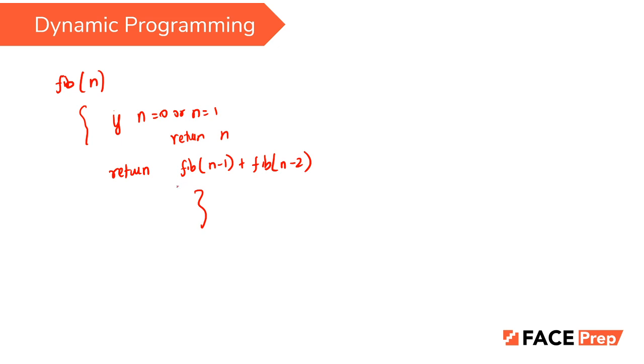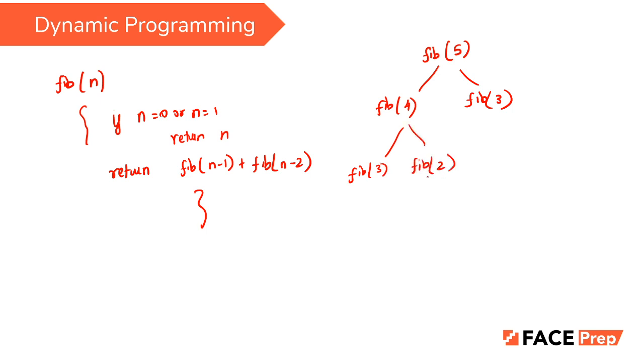What was the problem with this? The problem is fairly simple. This is going to be drawn into a recursion tree. Let's say I take fib of 5. Fib of 5 is going to call fib of 4 and fib of 3. Fib of 4 is going to call fib of 3 and fib of 2. As you can see, we are already calculating the same thing twice.